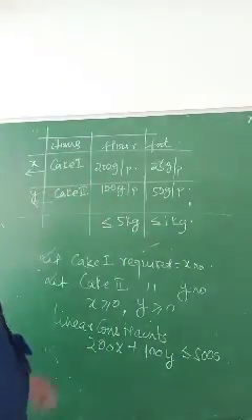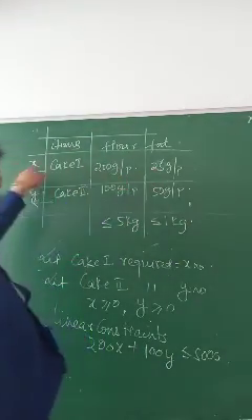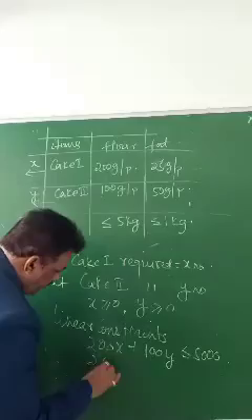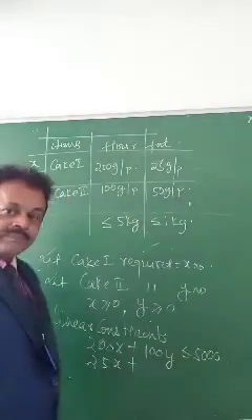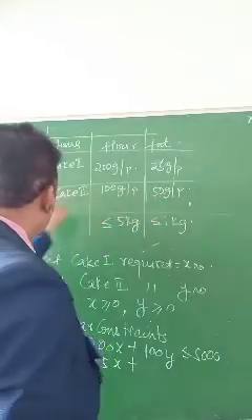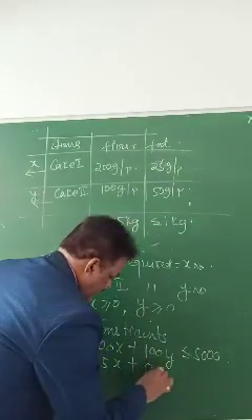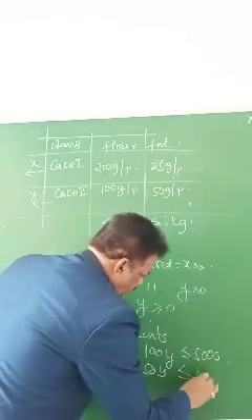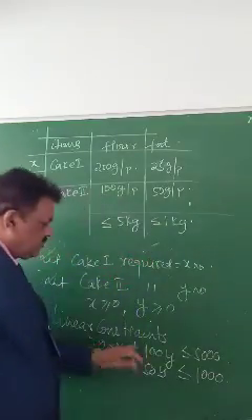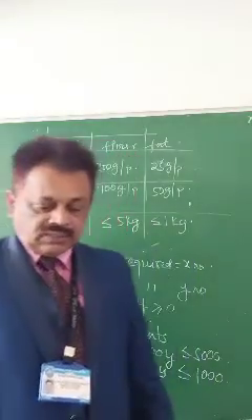Then 25x plus 50y less than or equal to 1000. This is how you frame the linear constraints.